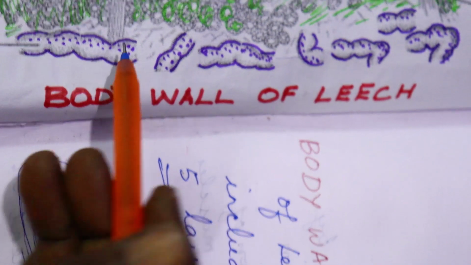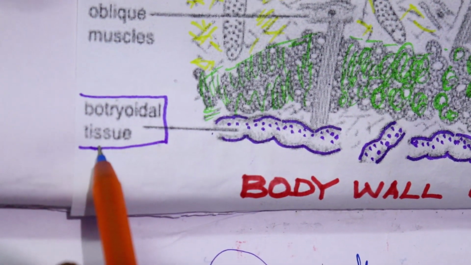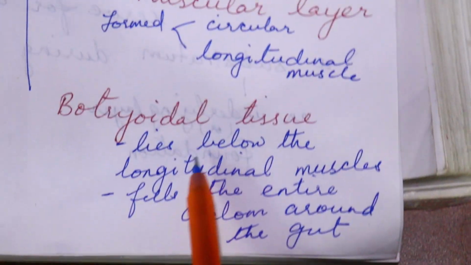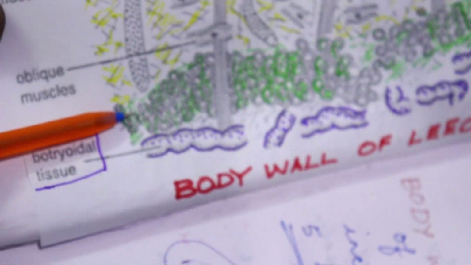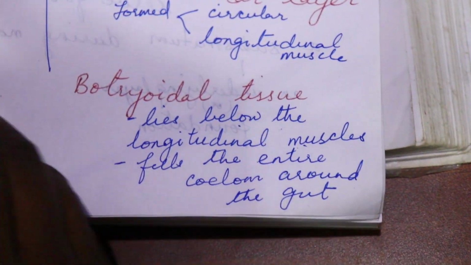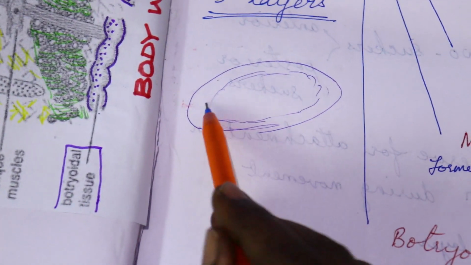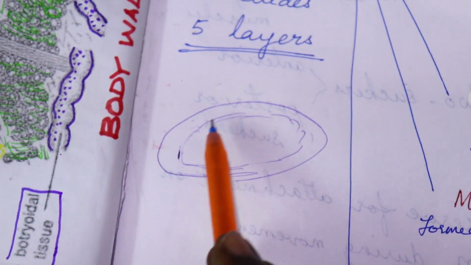Intestinal wall. So that is called botryoidal tissue or botryoidal layer. It lies below the longitudinal muscles. This is longitudinal muscle. Below that is botryoidal tissue, and it fills the entire coelom. Coelom means cavity, children. So it forms the whole coelomic cavity, and it is just around the gut region.